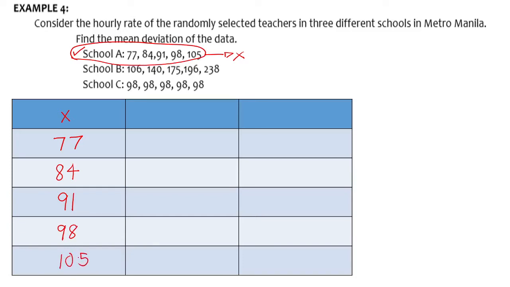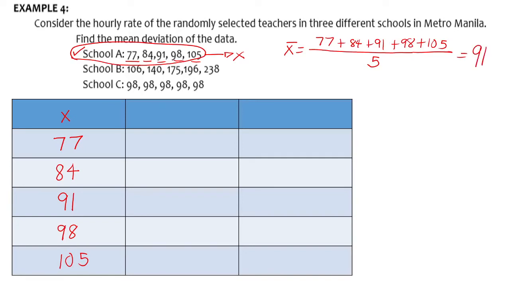The first thing that you're going to do is simply solve the mean. Now, you already know how to solve the mean. Right? You simply add all these values. You have 77 plus 84 plus 91 plus 98 plus 105 divided by 5. How much is that, Section Galileo? The result is 91.